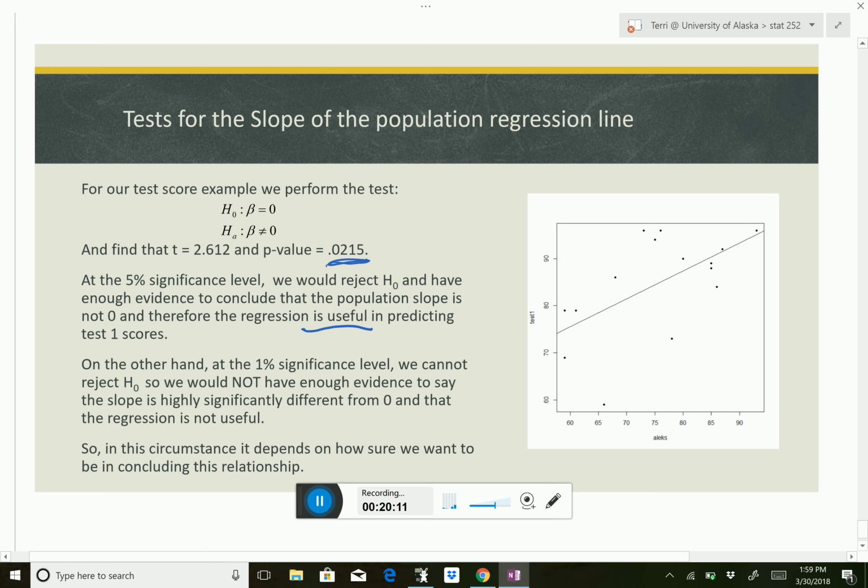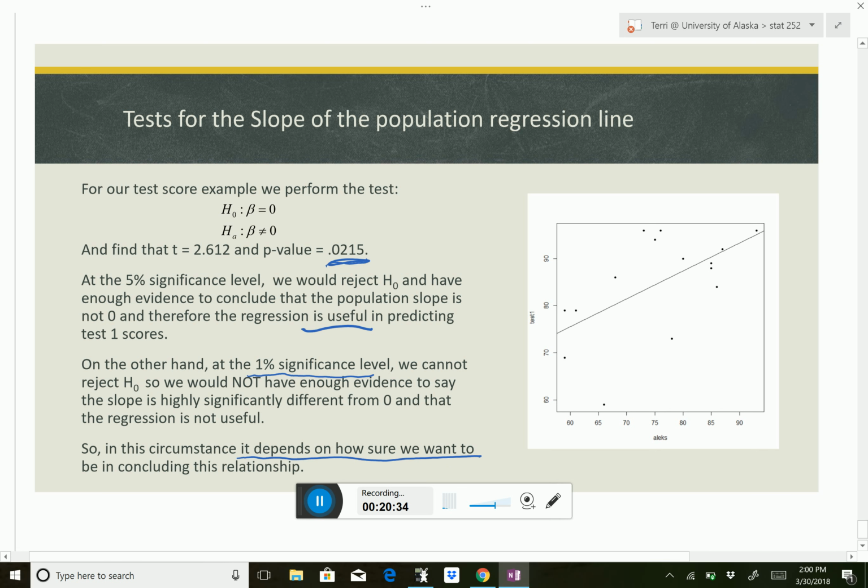On the other hand, at the 1% significance level, we could not reject the null, and we would not have enough evidence to say the slope was significantly different from 0. So at the 1% significance level, we couldn't say that this was a useful regression. So it depends on how sure we want to be.